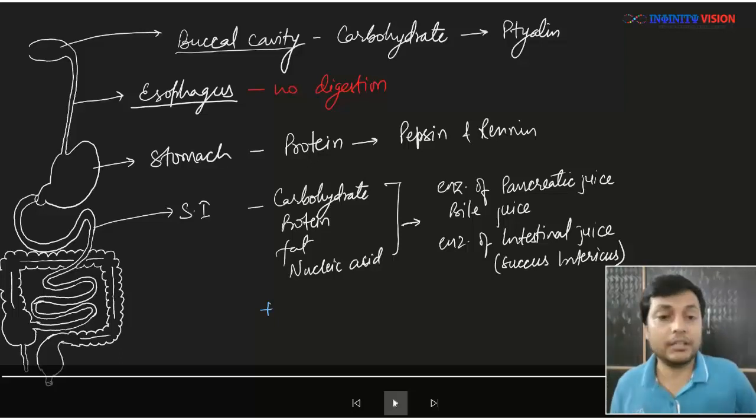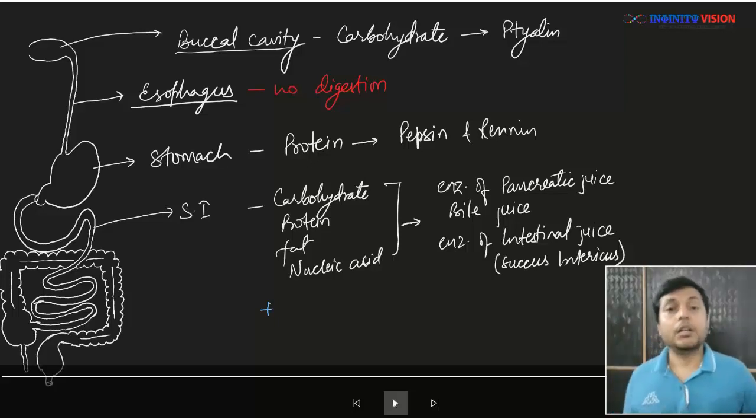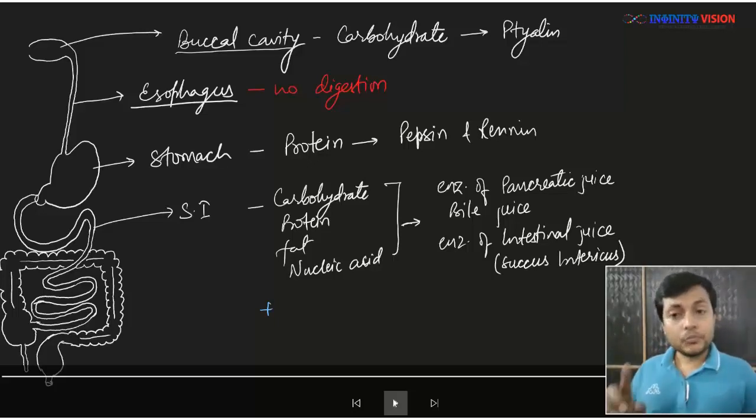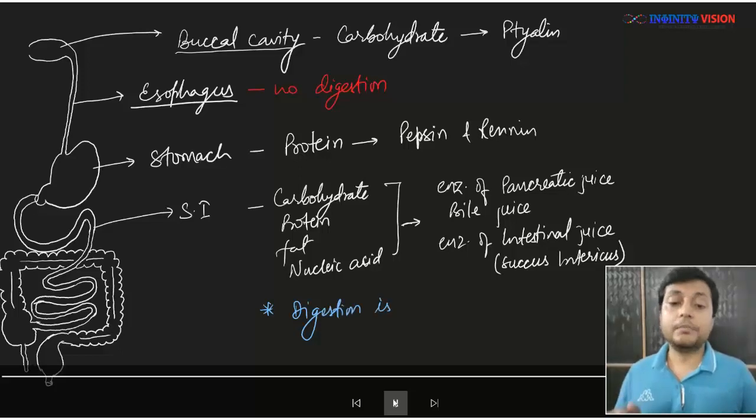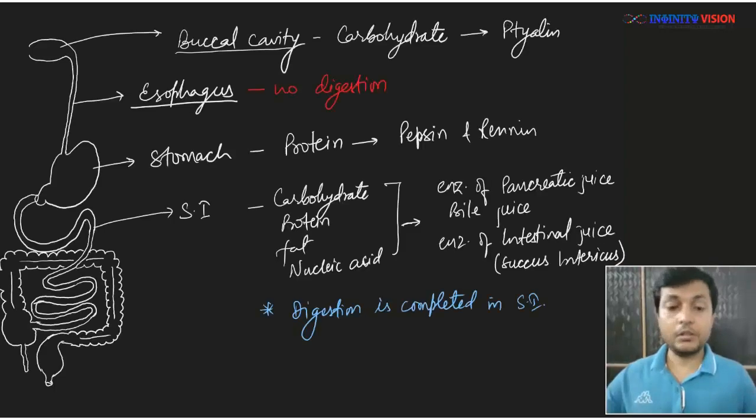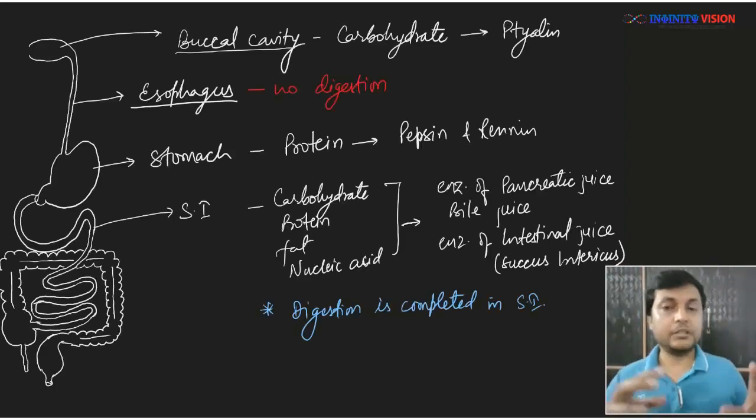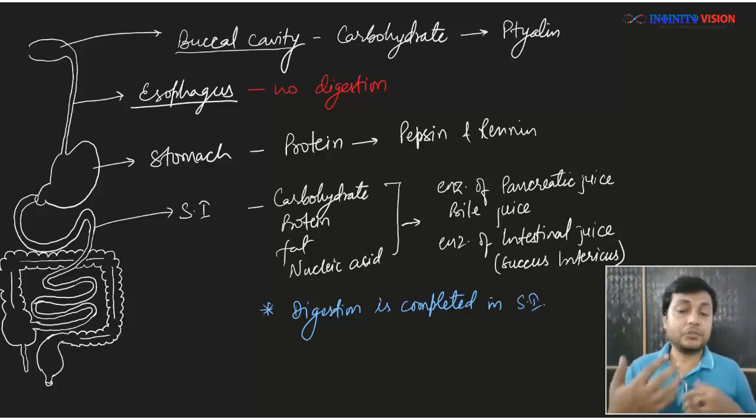This happens with the help of enzymes of pancreatic juice and intestinal juice, and bile juice. Also, in the small intestine the digestion is completed. So if there is a question where the digestion is completed, the site is the small intestine.